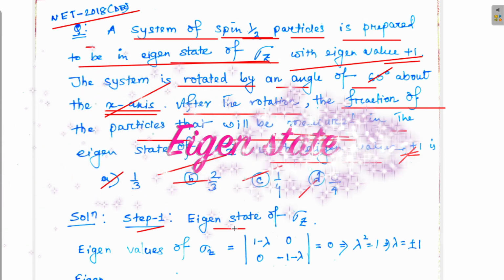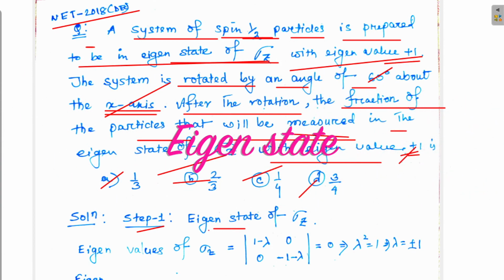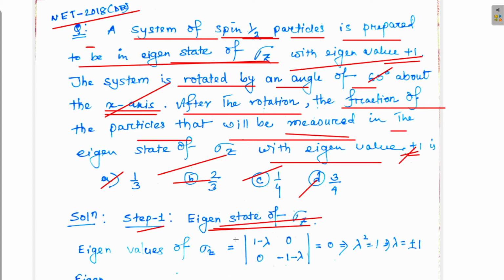Let's first calculate the eigenstate of sigma z. To calculate the eigenstate of sigma z, we must first find the eigenvalues. So the eigenvalues of sigma z can be calculated from the characteristic equation, which gives positive 1 and negative 1. So according to the question, we have to find the eigenstate with respect to the eigenvalue positive 1.